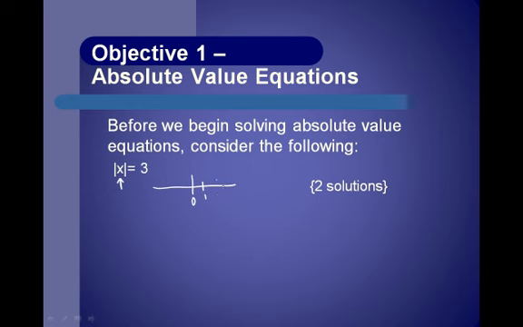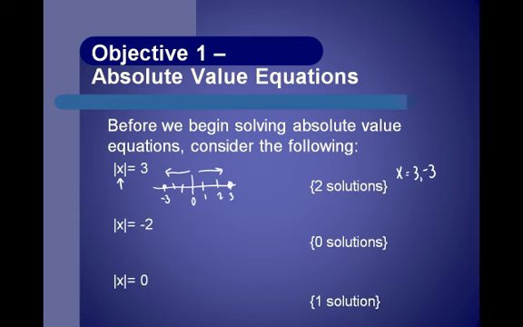Well, if this is 0, then 3 units to the right of 0 would be 3. Or we must also consider 3 units to the left, which would be negative 3. Therefore, we have two solutions. X is 3 or x is negative 3.